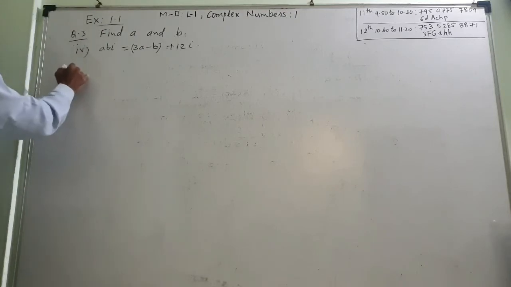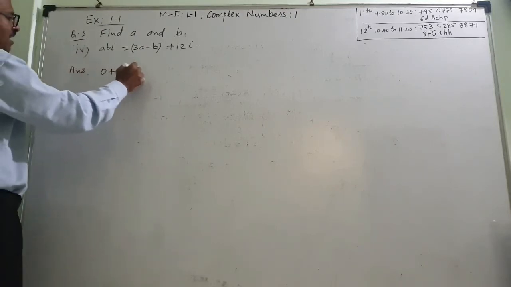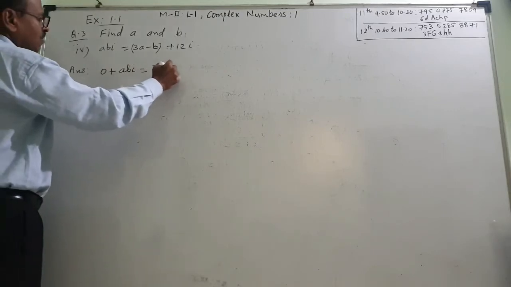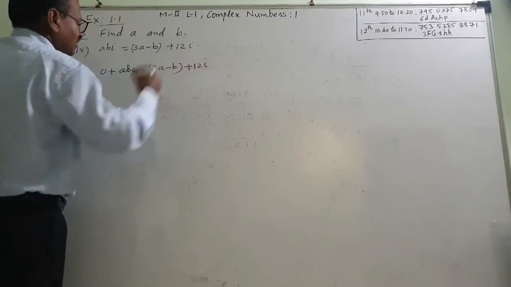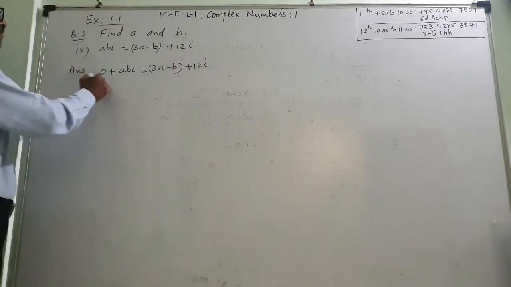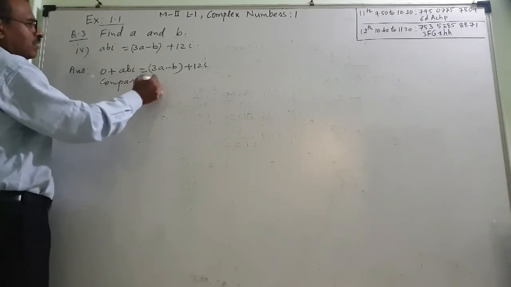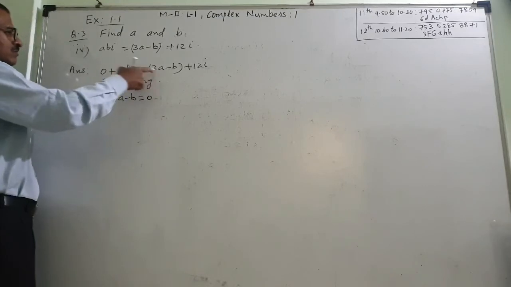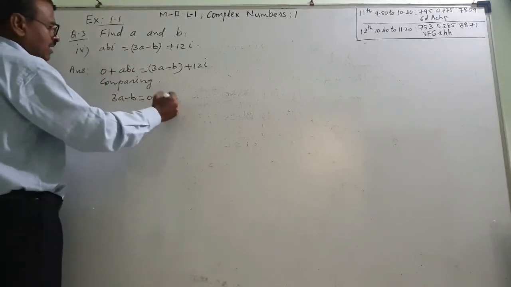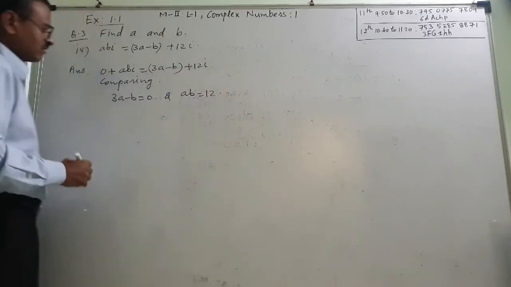So I will add the real part in this: 0 plus abi is equal to 3a minus b, I will put the bracket, plus 12i. Now I compare the real and imaginary parts. 3a minus b is equal to 0 and ab is equal to 12.